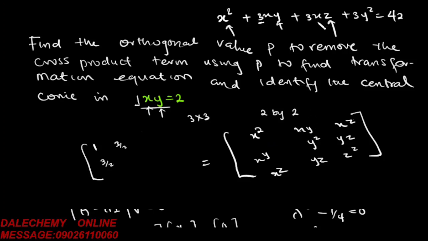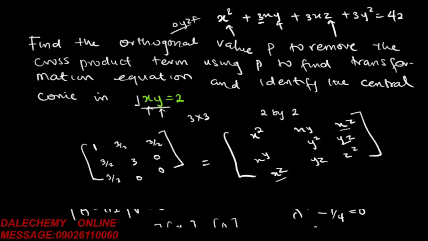Then for xz, it's also 2 xz, so you still split it: 3 over 2 here and 3 over 2 here too. Now for y squared, that's 3. There's nothing like yz in the equation, so the coefficients will be 0. So yz is 0 in both places. Then z squared, there's no z squared as well, so 0.